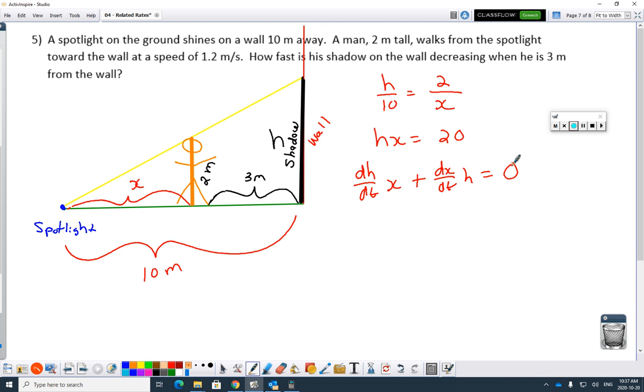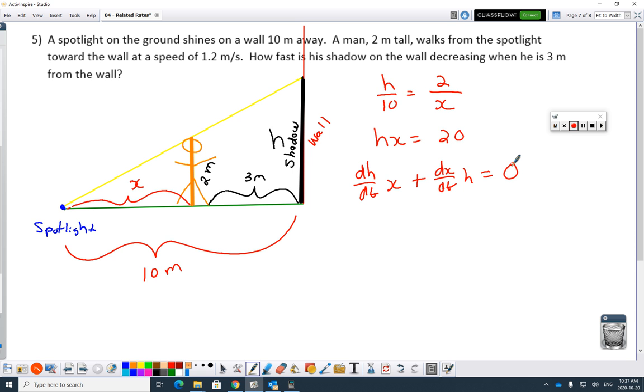Numbers that are only at a specific time, we only sub in when we're trying to do a calculation at a specific time. I'm making an equation that's true for all time. It is always true that h over 10 equals 2 over this x. Then I can take the derivative with respect to time because that equation is true for all times. It's a 3 at a certain time. It's a great question and a deep question.